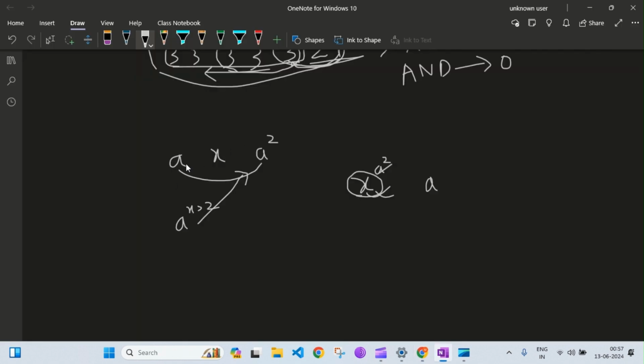So I blindly pick up a square, like a to the power anything greater than 2 will be divisible by this a square, right? Like you think if x equals 3, then a cube will be there, and a cube is definitely divisible by a square, right?